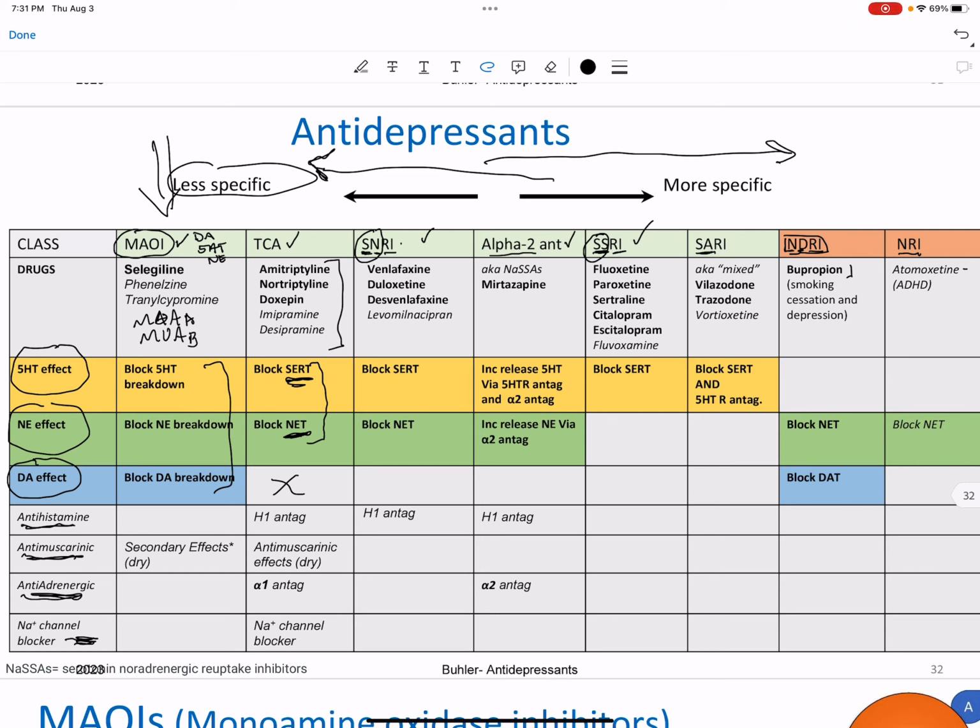There's little bits of circuit effects, but we're not going to talk about those. They're really minor. So when you're looking at TCAs, you're looking at blocking reuptake of these two. But you can see it has a lot of side effects, a lot of H1 antagonism, a lot of antimuscarinic, alpha-1 antagonism, and sodium channel blocking. So that's going to give you some side effects right there.